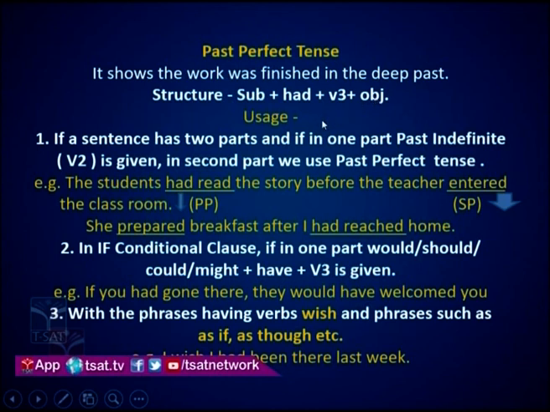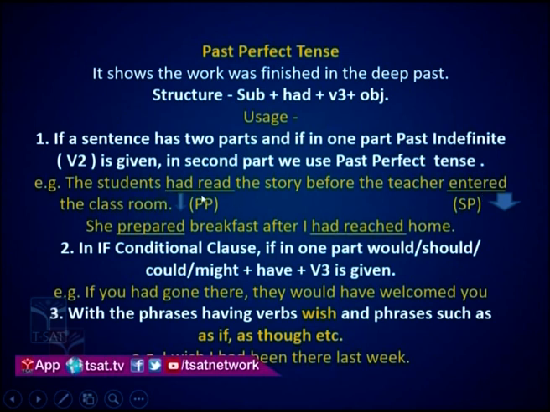How do we use it in a sentence? If a sentence has two parts and in one part past indefinite, V2, is given, in the second part we use past perfect tense. For example, students had read the story before the teacher entered the classroom. Now if you see this sentence, two actions are happening.